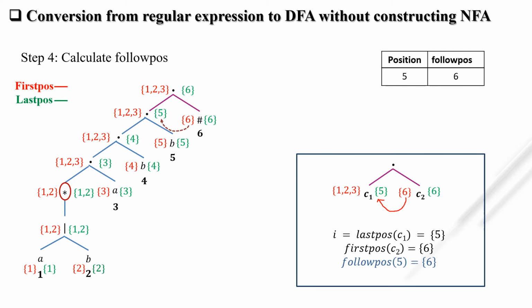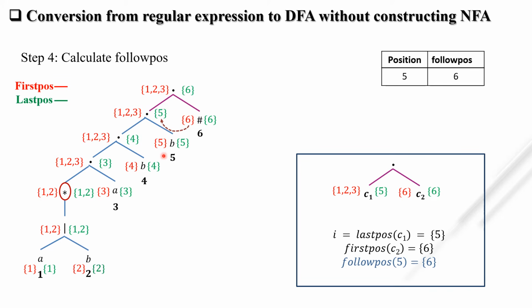We have to concentrate on the first position of C2 and the last position of C1 to obtain the follow position of any number, for the concatenation symbol only. For star it is totally different, we have to use this arrow. So what is our next symbol? The next one is this concatenation symbol.